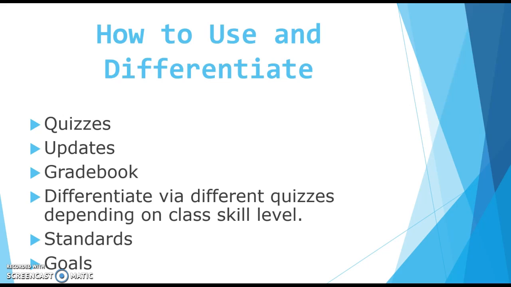So depending on the class's skill level, I could give different quizzes for the different grade levels or the skill levels. And standards and goals are out there, and you can use those in your quizzes as well.